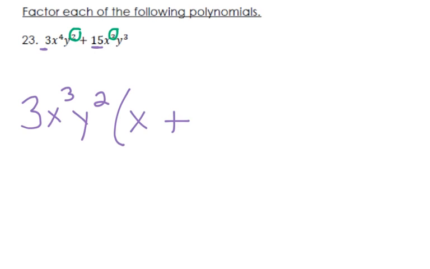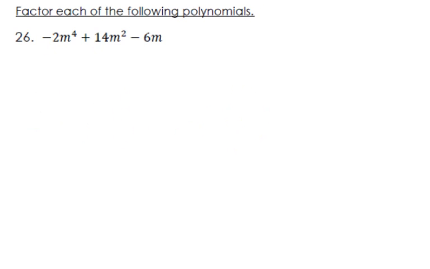Now for the second term, if I do 15 divided by 3, I get 5. I took out the x cubed already, and I have 1 y left from the y cubed, so I took out y squared. So the factored form of this one is 3x cubed y squared times x plus 5y.